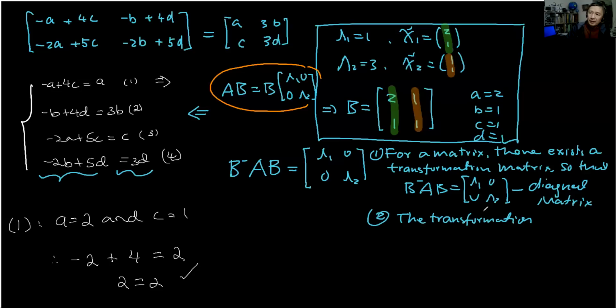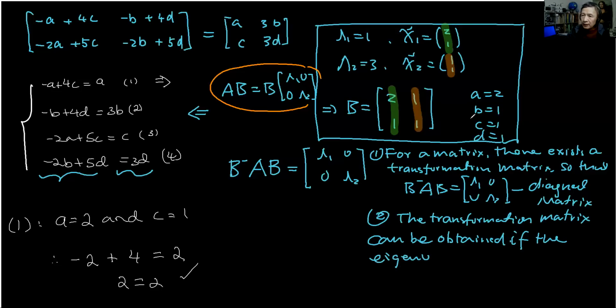The transformation matrix can be obtained if the eigenvalues and, more importantly, the eigenvectors are known. It's just the other way around.